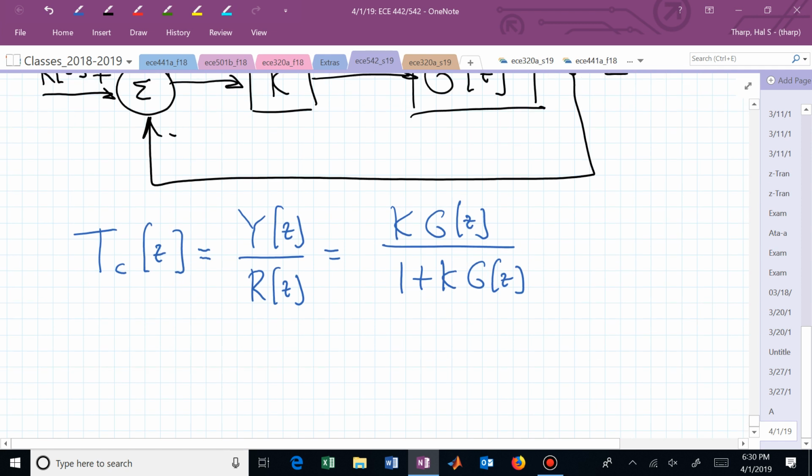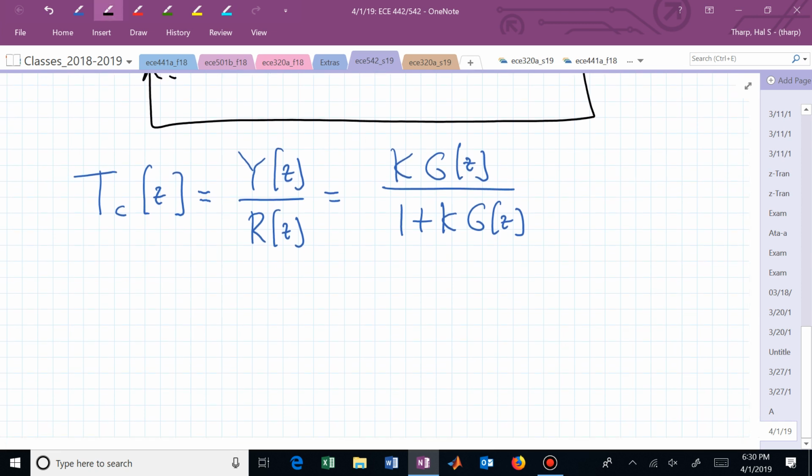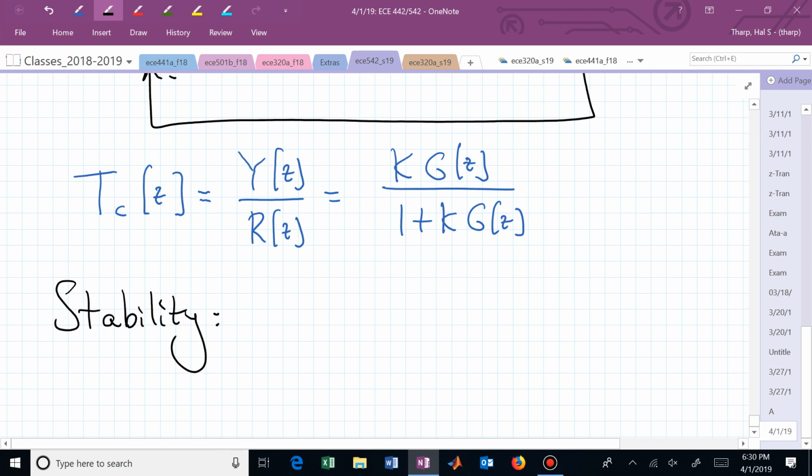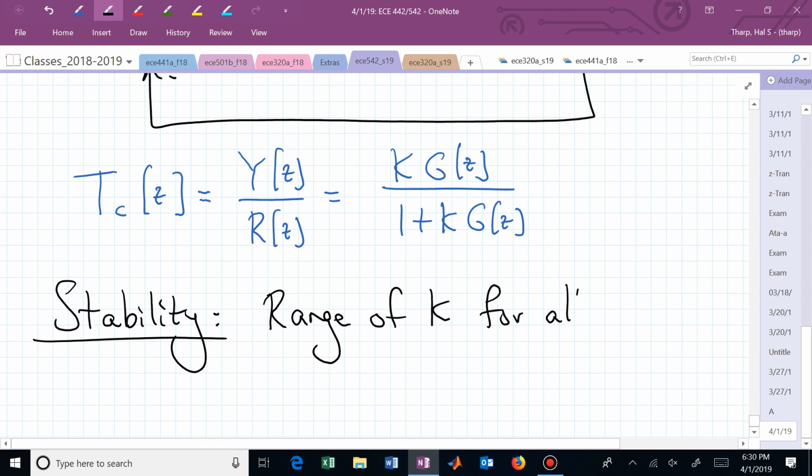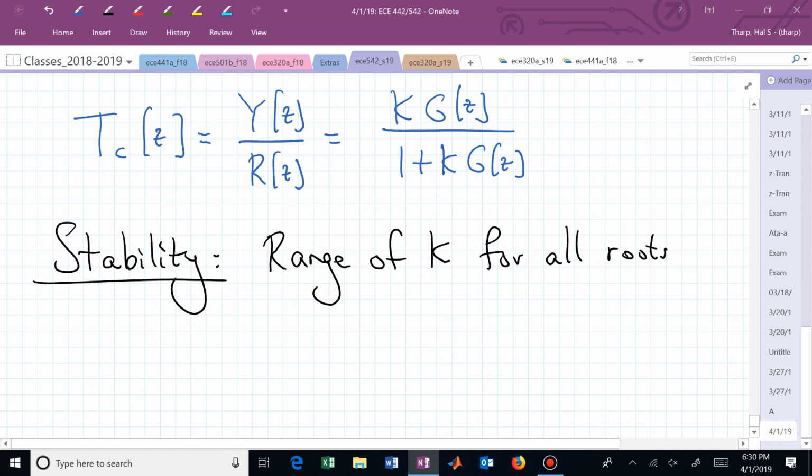That's if we're using proportional control. We now want to investigate stability by adjusting k. We're looking, is there a range of k for all roots? How many roots do we have in this system? 2. So we want both of those roots to be inside the unit circle simultaneously to maintain stability.